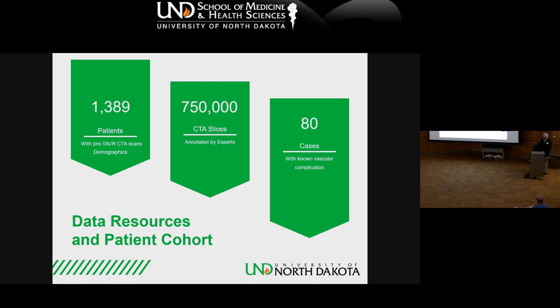We're approaching 750,000 plus individual images that we can use for analysis. Now, we only have 80 patients who had a vascular complication. That's good, right? That's a good thing. So we do have some statistical modeling that we can do to increase that size and help us with our predictive abilities.